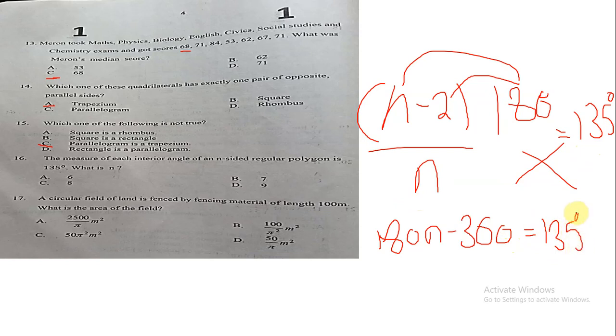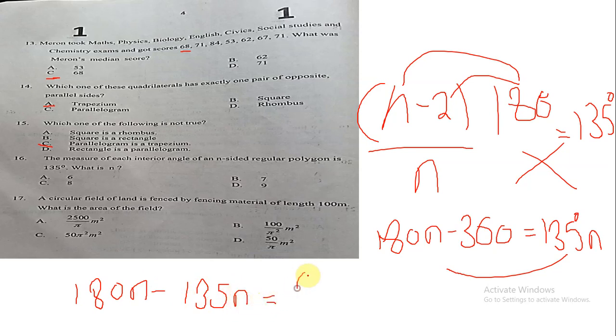135 degree n. Then shift it, it will be 180n minus 135n is equal to 360.